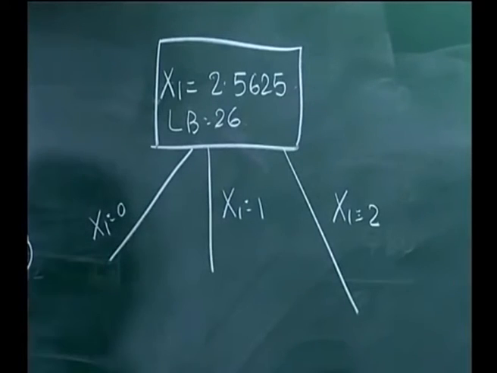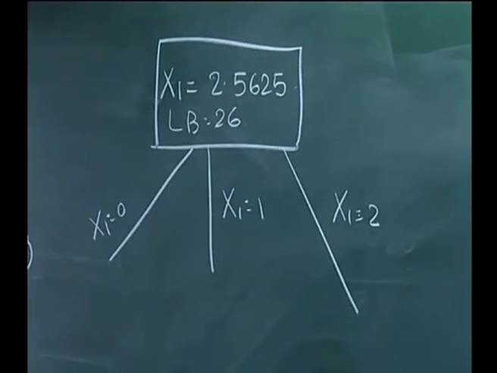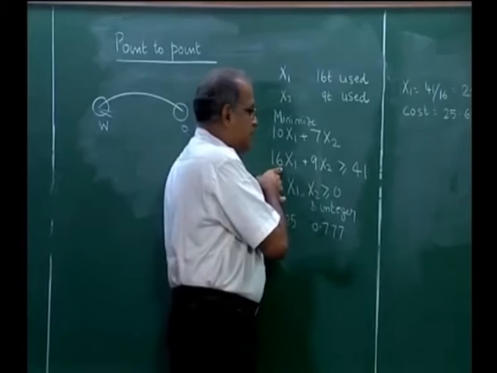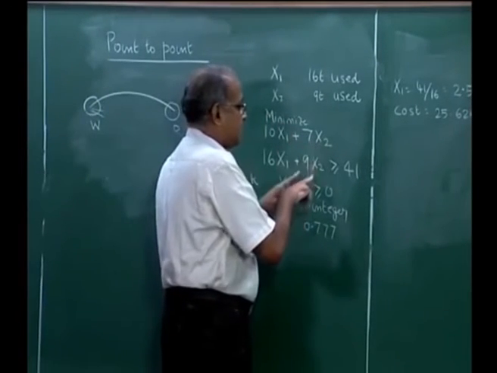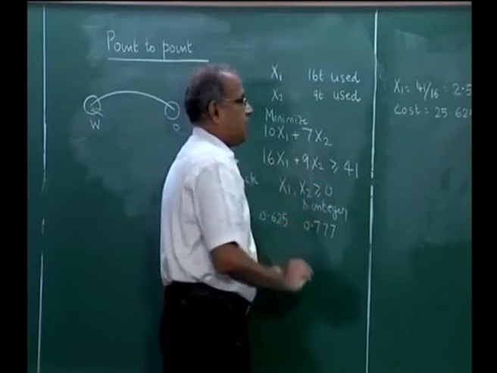And then when x1 equal to 0, we will solve another LP. So when x1 is equal to 0, we are solving an LP that minimizes 7x2 subject to 9x2 equal to 41.